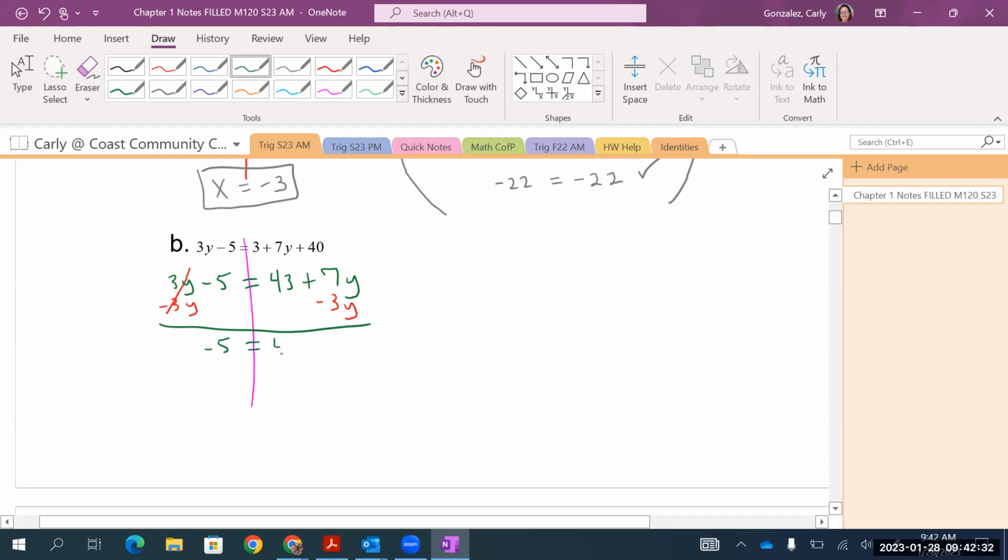On the right, we bring down the 43, and we have 7y minus 3y. And since 7 minus 3 is a positive 4, we will write plus 4y.